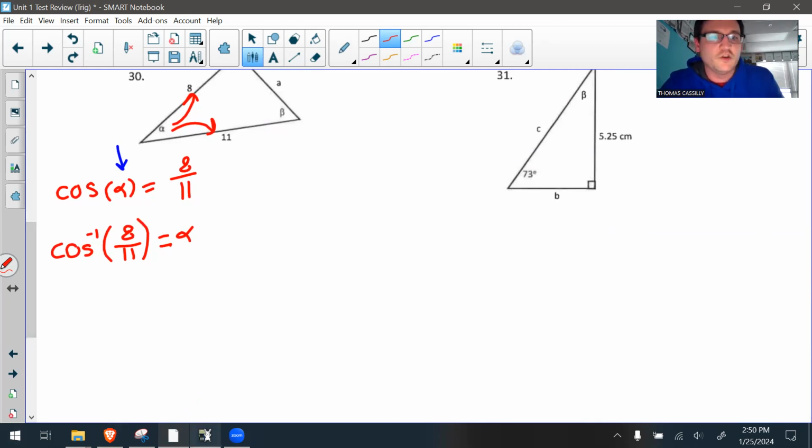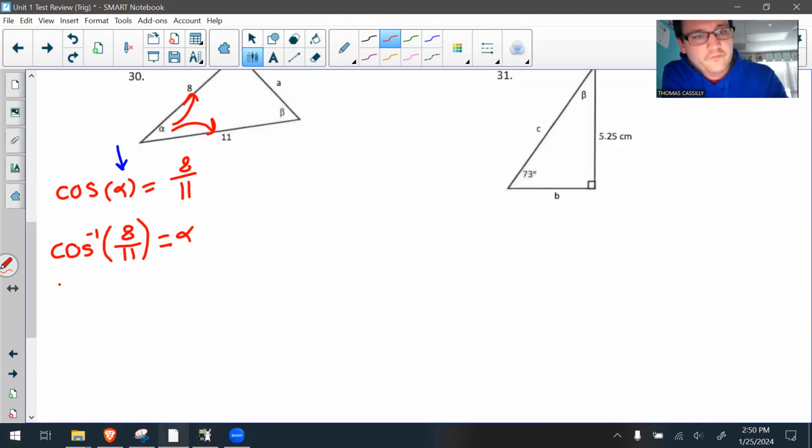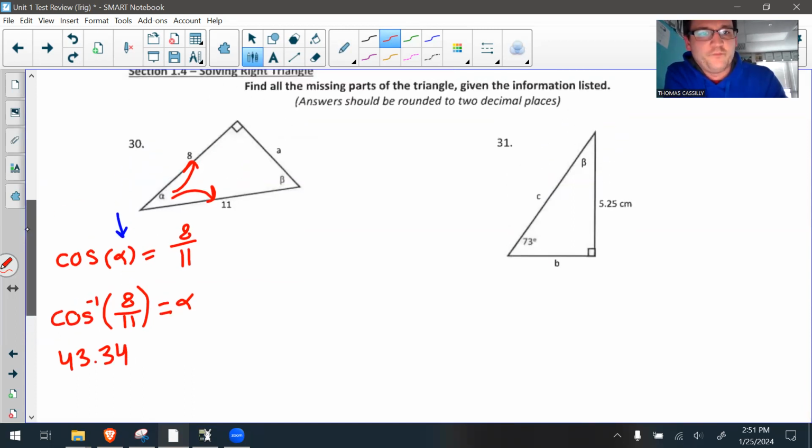Nobody knows what this is. It's a decimal, so this is where we have to type this into our calculator. The inverse cosine of 8/11ths is 43, and to the nearest hundredth, 43.34. That is alpha.